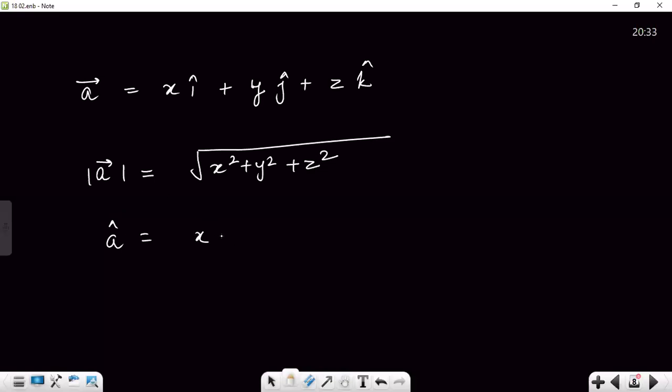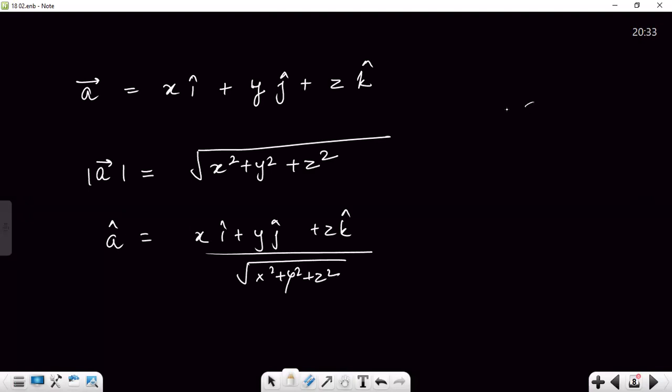So x I cap plus y j cap plus z k cap divided by square root of x square plus y square plus z square. Is there any difficulty in understanding this? No, sir.